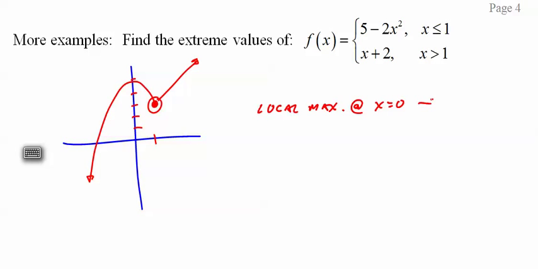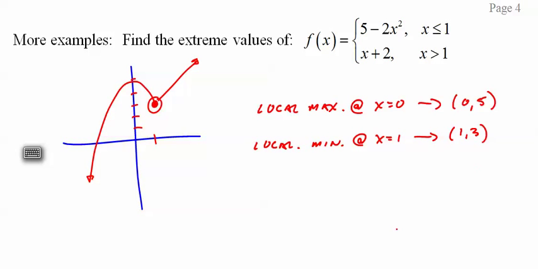And a lot of people say, well, don't we label both points? And I say, sometimes we do, sometimes we don't. Read the full question. Local min, strictly by looking at the graph, at x equals 1, 1 comma 3. That's it. There's no absolute max, no absolute min, because it goes on forever to infinity. There's no endpoints.